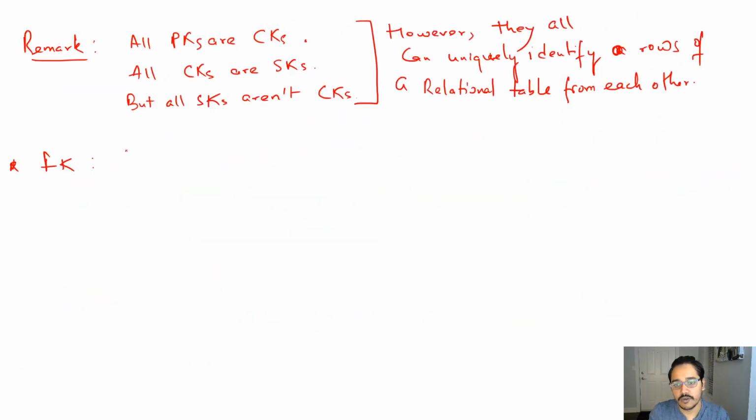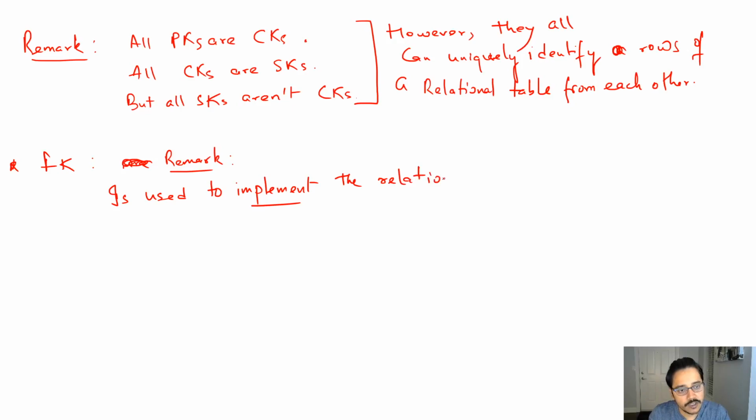So basically, this is another remark, but this time on foreign keys: a foreign key is used to implement, and this is the important keyword here, the relationship, or we can also call it the interaction of data between two entities.